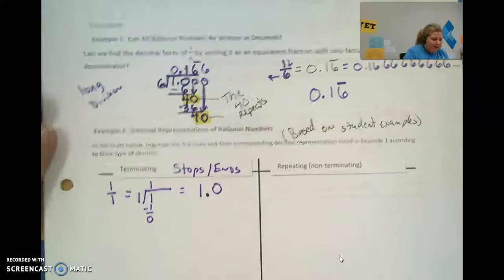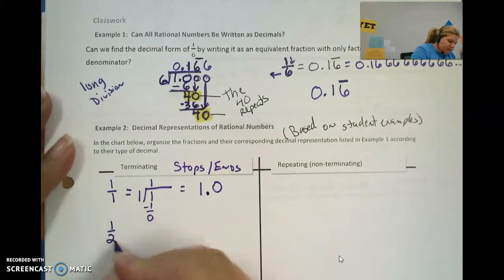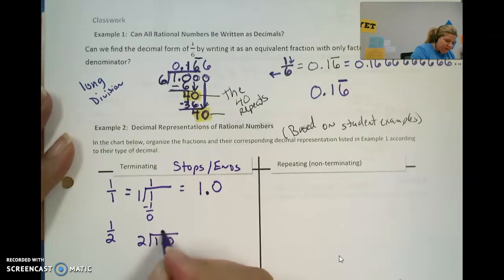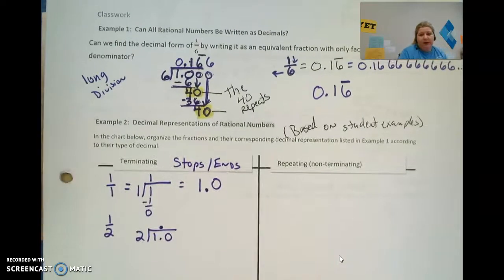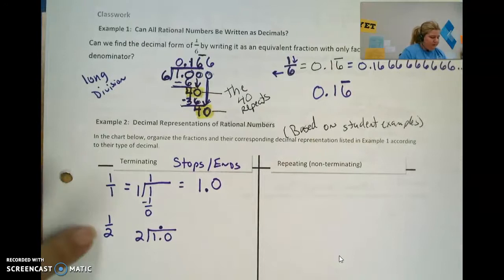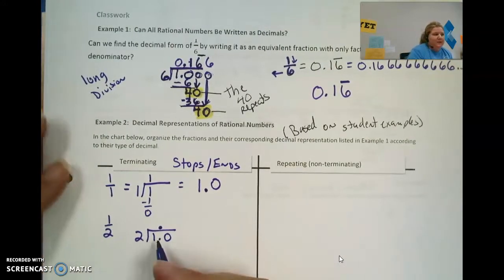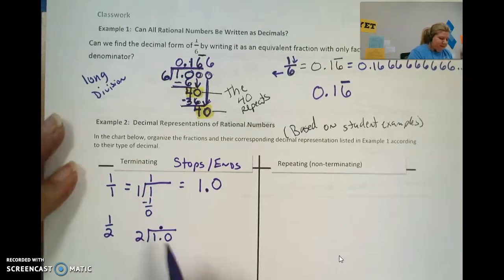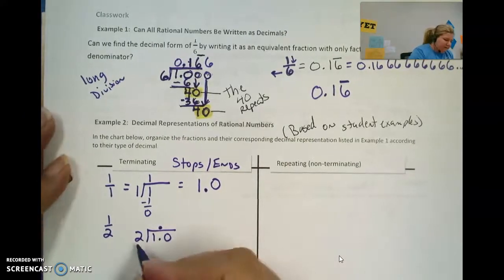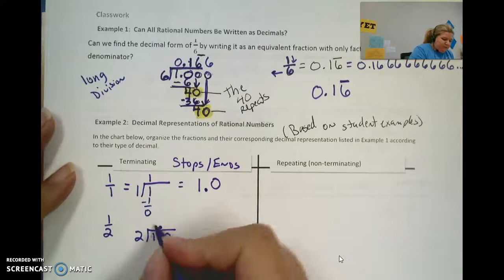Okay, 1/2 is also terminating. We're going to put 2 out, and then 1.0. A long time ago, when I was first learning how to do this, I would often use 1/2 to make sure I set this up correctly, because I know 1/2 is 0.5. So when I set my division up, how many groups of 2 are in 1?